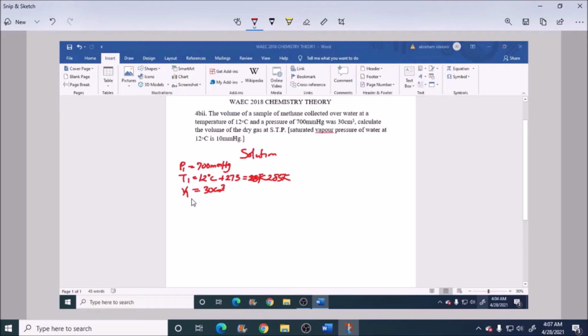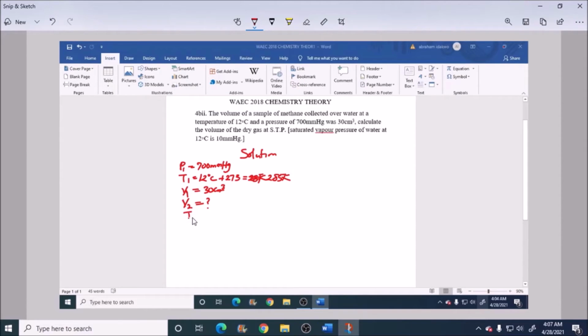Then we have to calculate volume 2, the volume of the dry gas at STP. Having STP means we are going to use standard temperature and pressure.